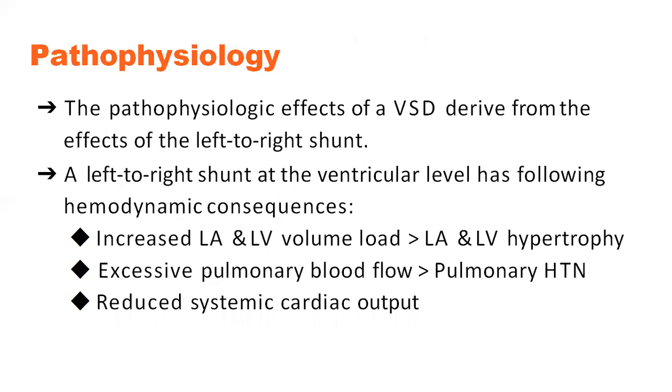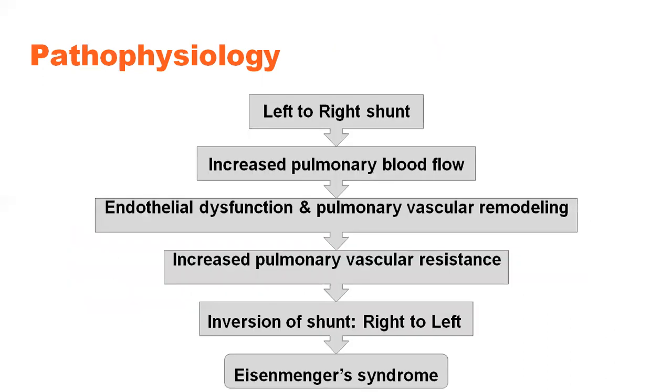Excessive pulmonary flow, which will cause pulmonary hypertension, and reduced systemic cardiac output would be present. It's quite understandable, as the blood is moving from the left ventricle to the right ventricle, so the blood coming to the right ventricle would be more. So it would have an overload on it. And as there is less blood left in the left ventricle, it will cause reduced systemic cardiac output.